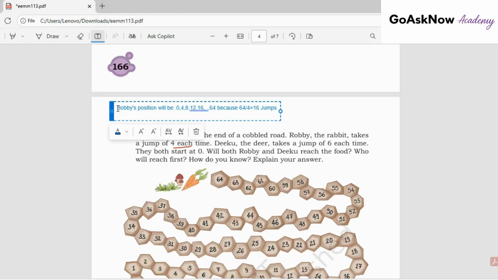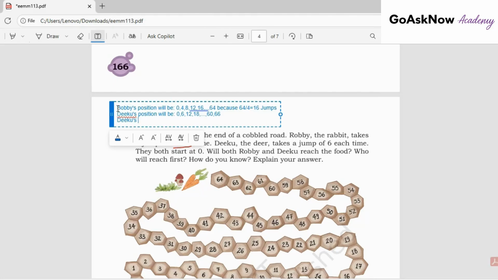Next, Deepu's position is a multiple of 6: 0, 6, 12, 18, up to 60, 66. Deepu's steps: 6 into 10 is 60, 6 into 11 is equal to 66.